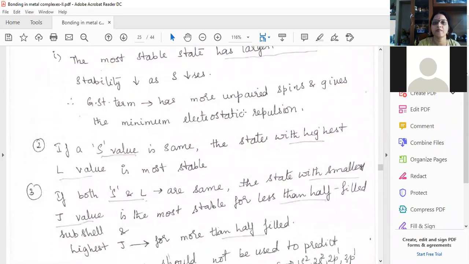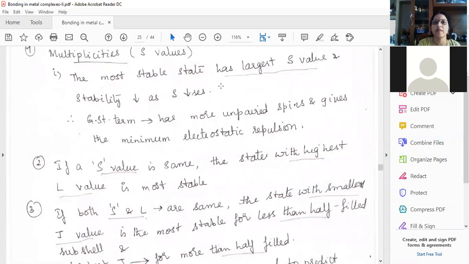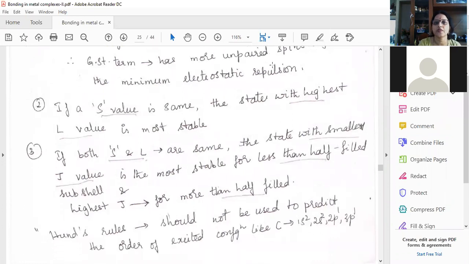Repulsion should be minimum. So what you have to remember is whenever the multiplicity is high, that will become the lowest energy. Okay.